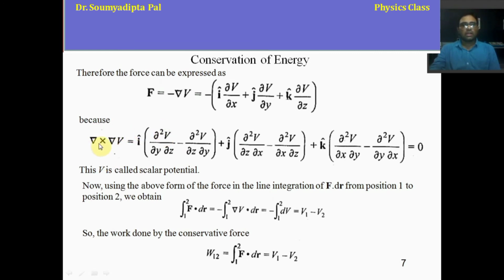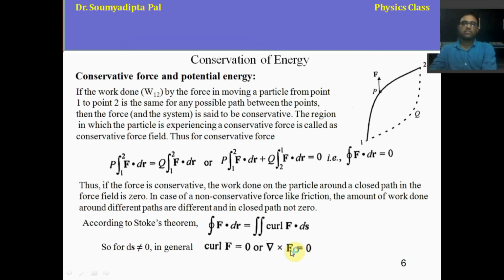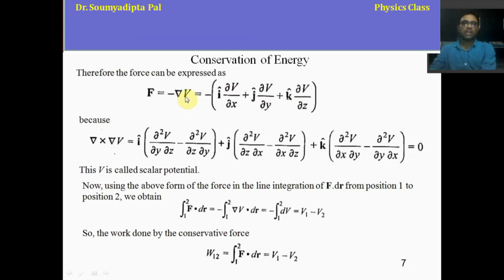Now if we do curl of del V, you can see that it is giving us 0. So that's what we said: if curl of F is 0, F we can write as del V. For the time being we are not talking about the minus sign; this is a sign convention. Due to some physical situation there will be a minus sign.